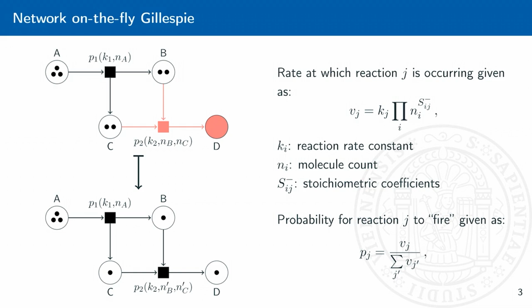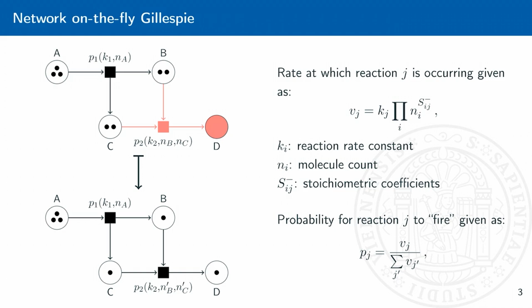A rate constant is then assigned to each transition, and the overall rate at which it occurs is expressed using mass action kinetics, as shown on the slides. As further shown on the slides, this allows one to calculate the probability for a transition to fire, or in other words, the probability for a reaction event to occur. This is basically a typical Gillespie type of algorithm.